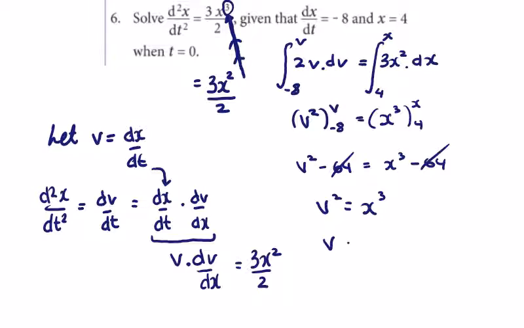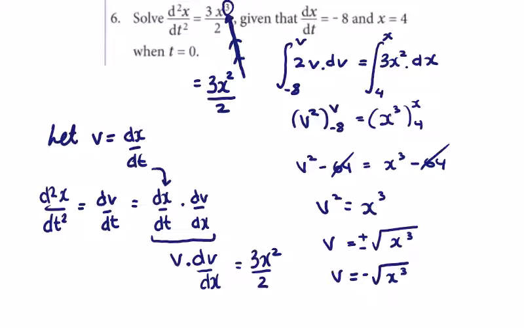So v is equal to the square root of x cubed, plus or minus version of it. Looks like the negative version of it because v is minus 8 when x is 4. So we're going to get minus v is equal to minus the square root of x cubed.